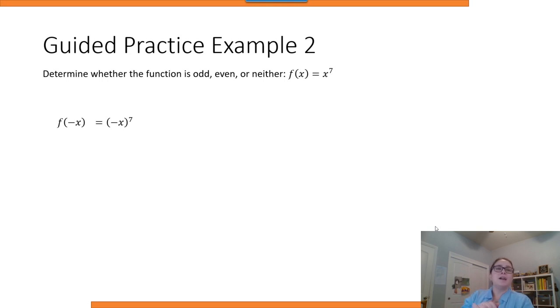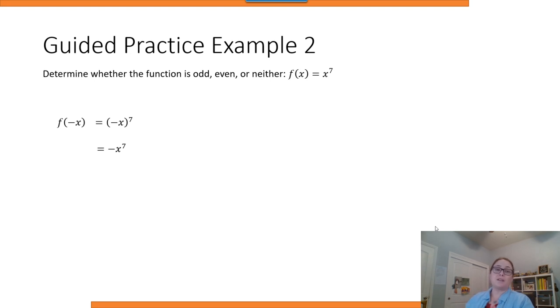Now, because I'm raising it to an odd exponent, I know that I will have an odd number of negatives when I actually raise this. So this is the same thing as just doing negative and then x to the 7th. This tells me that it's odd. Now, this might be a little tricky for you to see by plugging in an x.